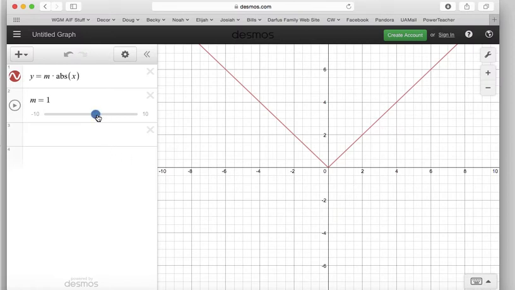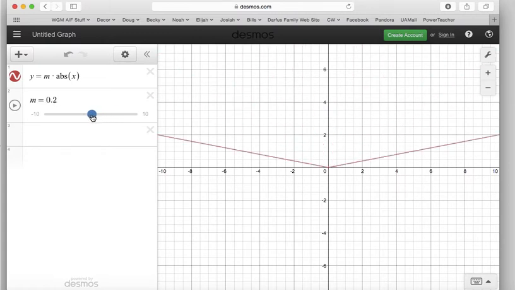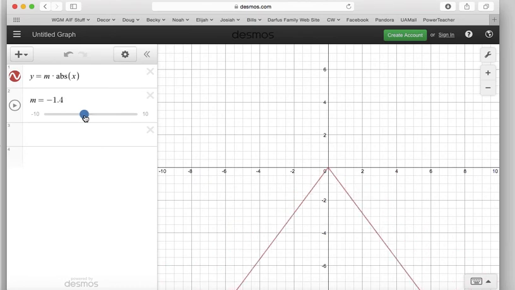Well, as m increases, if I multiply it by 2, I get that, or if I multiply it by 3, I get this, or 4. As I'm multiplying by a number, it looks like this V, or the absolute value function, is getting narrower. And if I go to the negatives, it goes reflection over the x-axis.